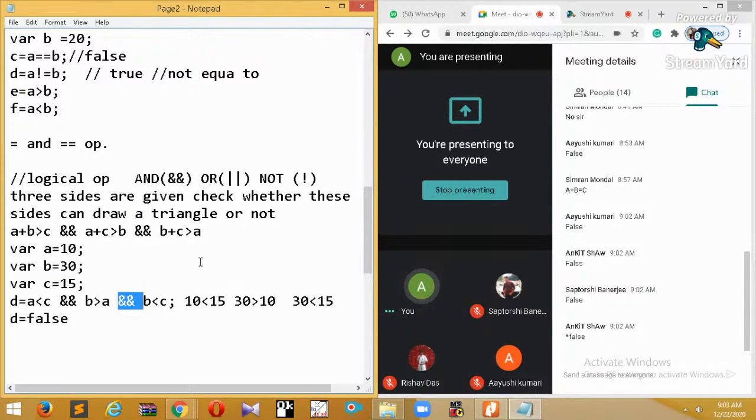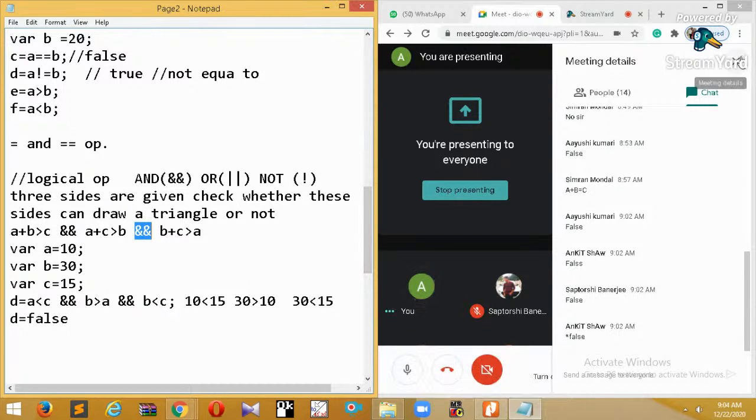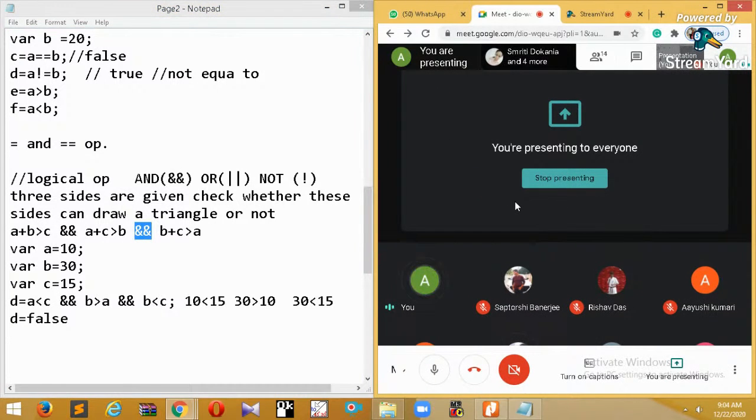Again, I am repeating, in case of the AND operation, if one single operation results in a false situation, the whole operation result will be false. Is my point clear to everybody?